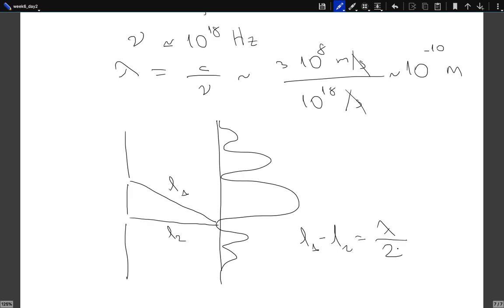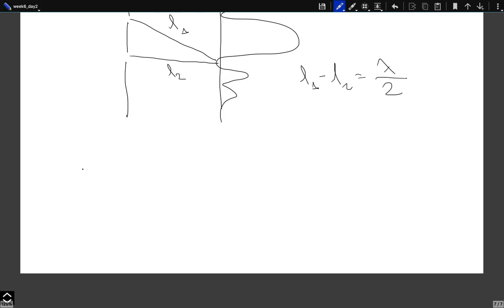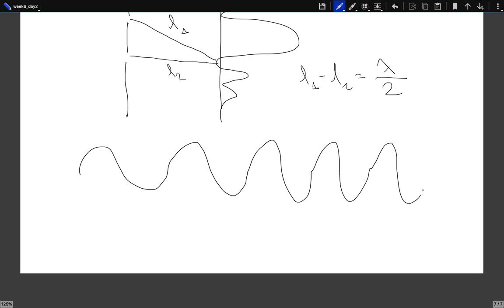Let me just plot them. You see, this is 1, 2, 3, 4, and 5. Let's say this is all of your L1. If in L2 you just have half a wavelength up to here, 1, 2, 3, 4.